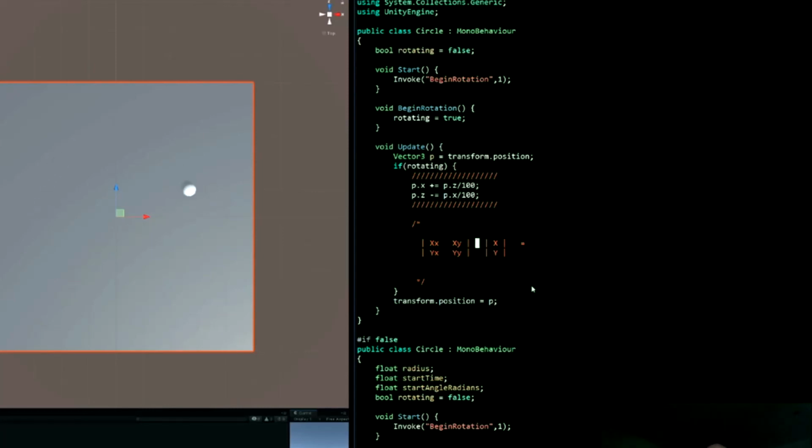If you multiply these together, it becomes the actual result. If I do this, what you end up with is a new vector, and the vector is xx times x plus xy times y.